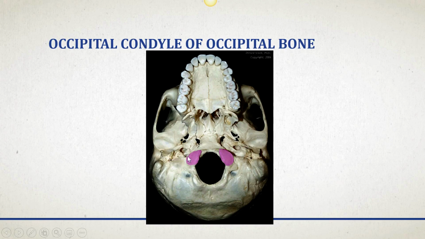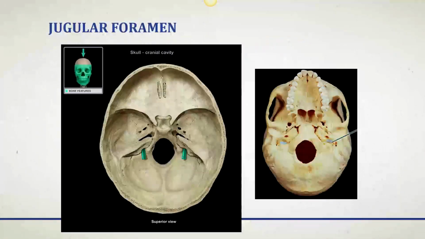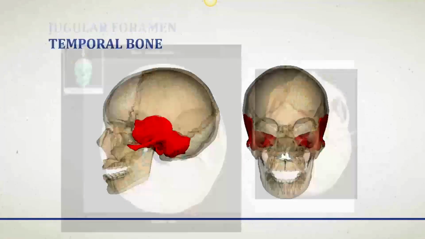So jugular foramen, carotid canal. Here you can see on the underside, the jugular foramen are highlighted in blue. And that's the opening for the jugular veins. Jugular veins are the large veins that run along the neck, and they drain the blood from the skull or from the brain.